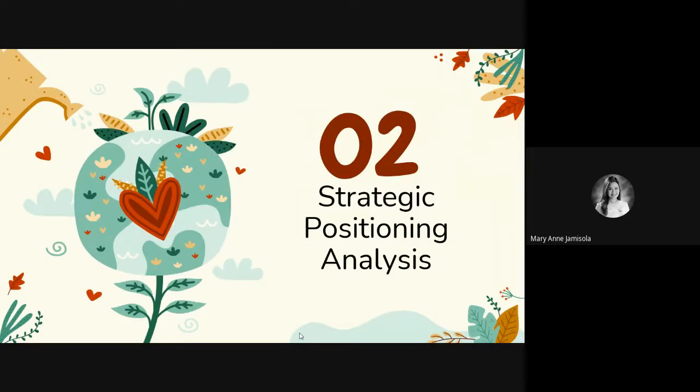The second key concept in strategic cost management is strategic positioning analysis. Strategic positioning analysis is used to determine a company's relative position within its industry.